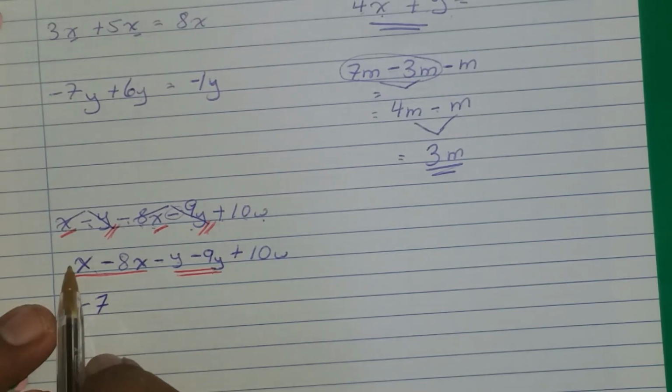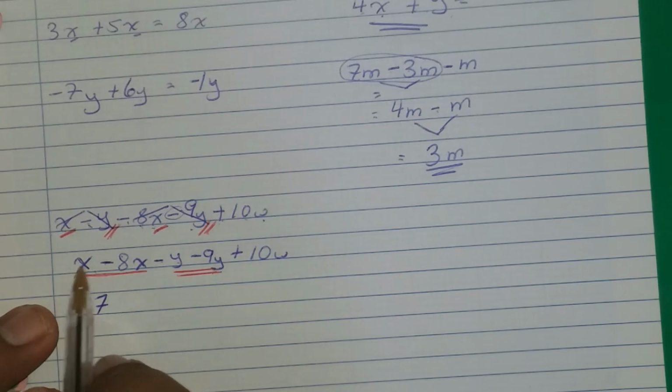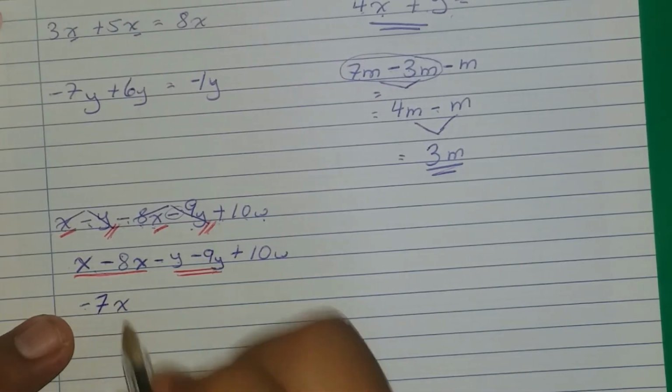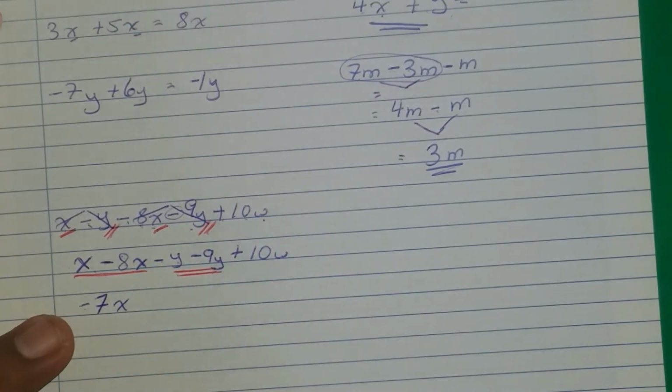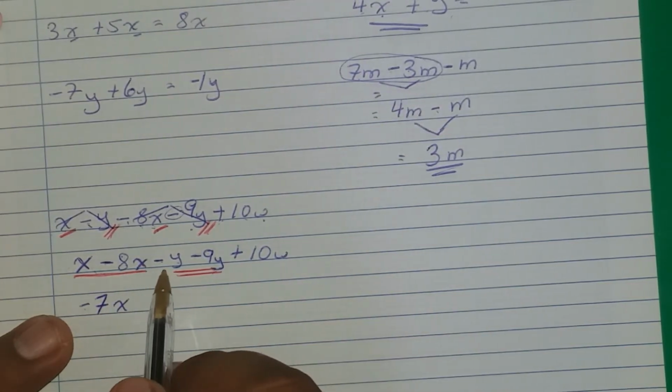So this is a positive 1, this is a negative 8. Positive 1, negative 8, two different signs, so we're going to subtract: 1 from 8 gives me 7, and then the larger number is 8 and that is negative, so we have to put negative there. And then x, right? Now we finished with that one there, so let's do this one here.